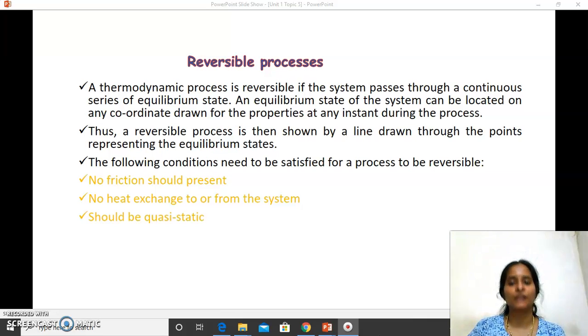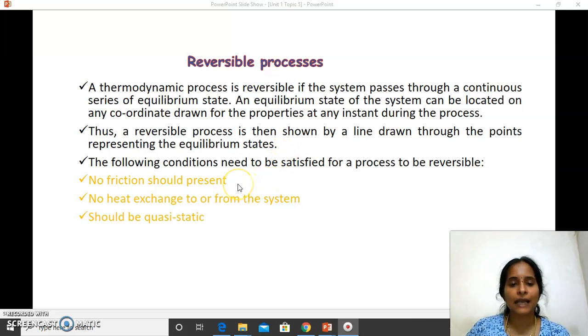Even in a simulation, if you want to collect the data, the system has to be given that much reaction, and it should not leave any identifiable change in the system. Then it is called a reversible process. A reversible process is then shown by a line drawn through the points representing the equilibrium states.